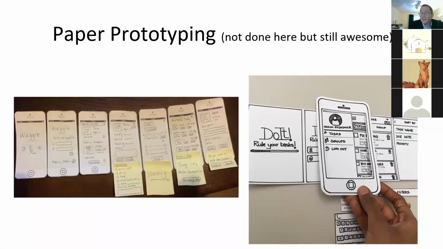So this is literally what people will do. We're not doing paper prototyping, but I love paper prototyping. If you get to do an HCI class, you probably will do paper prototyping. Some people say, oh, why are we doing things on paper? If you keep an open mind about it, suddenly you'll get the eureka moment. If I'm willing to crumple this up into a ball and throw it in the trash, that's where I want to be. I want ideas that I have no problem throwing away because I'm in the ideation phase.